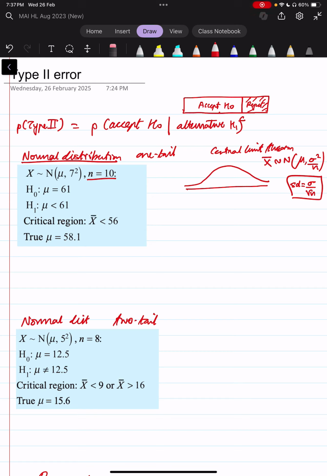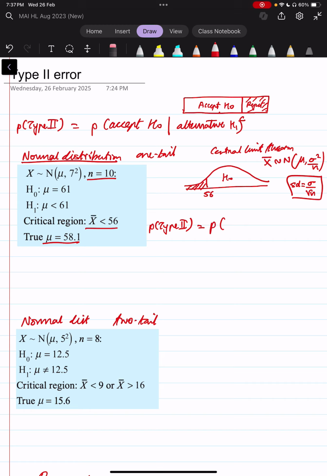So the critical region is x bar less than 56. My true mean is 58.1. Your probability of type 2 error is the probability that you accept H naught. If you look at the diagram, when will you accept H naught?